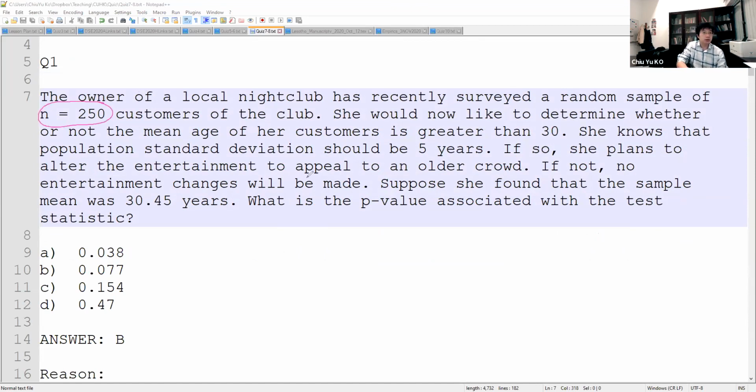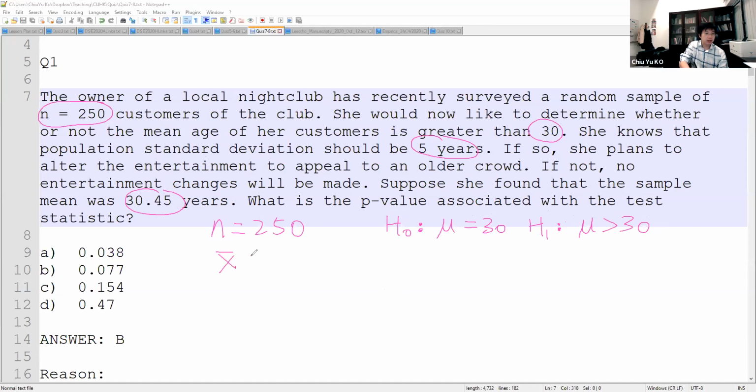If n equals 250, determine whether the mean age is greater than 30, population variance less than 5 years. So let's write down what is here: n is 250, and H0 is mu equal to 30, H1 is mu greater than 30.